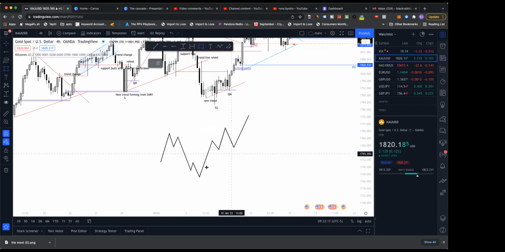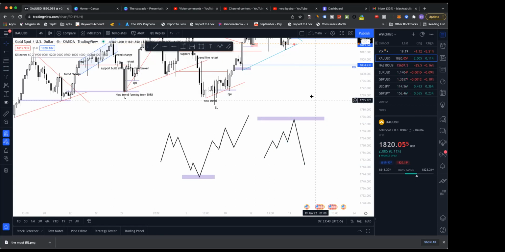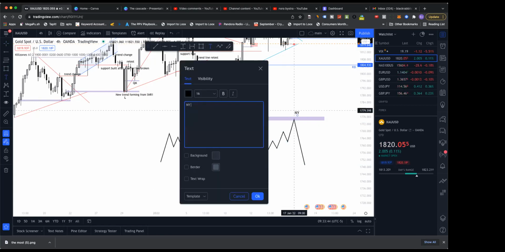At the same time, we have to understand this when we're looking at our schematics, anytime you label a POI. Let's say a bearish type 1 schematic where it looks bullish and then we get that drop off into a POI to the left, like this. And this is going to be your New York timing.